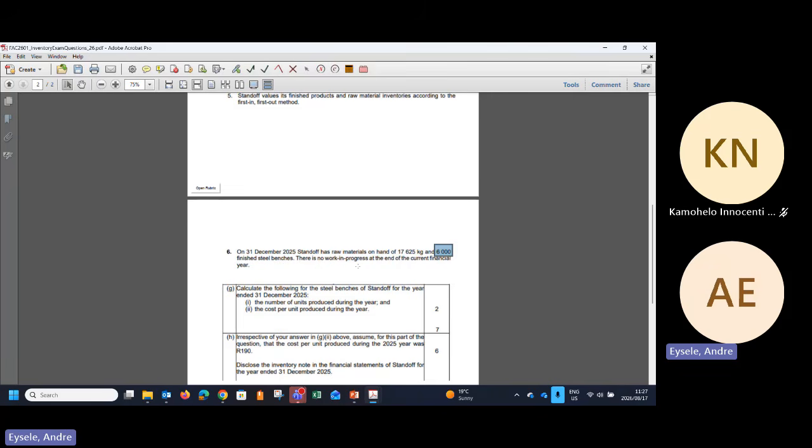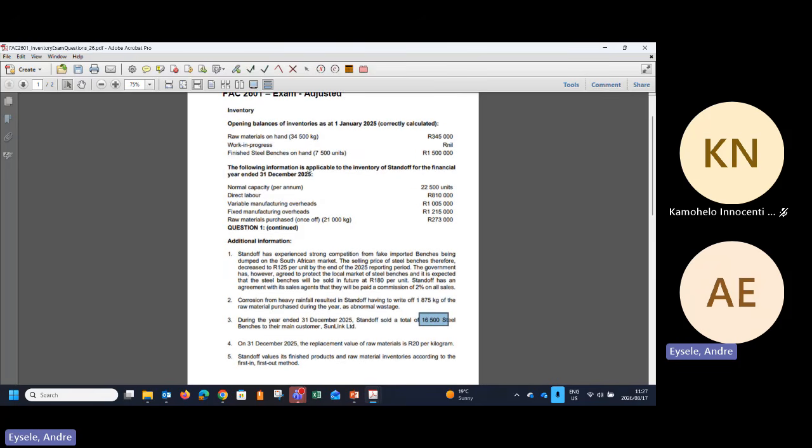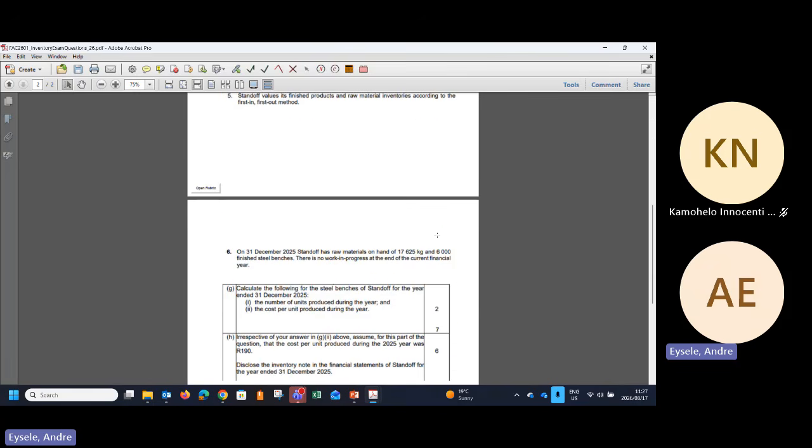Now, colleagues, it is very easy to determine the number of units because we've got the cost of sales figure, that's 16,500. We've got the opening stock value, which is 7,500. So cost of sales, which is 16,500, equals your opening stock plus X, because we haven't got the amount produced, manufactured or purchased, minus your closing stock value.